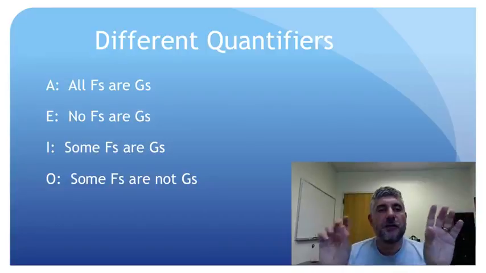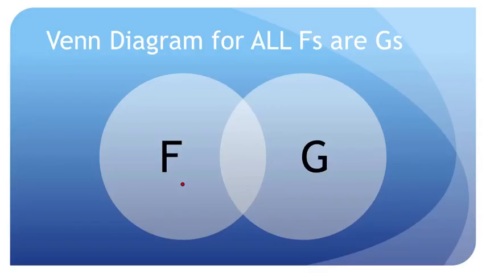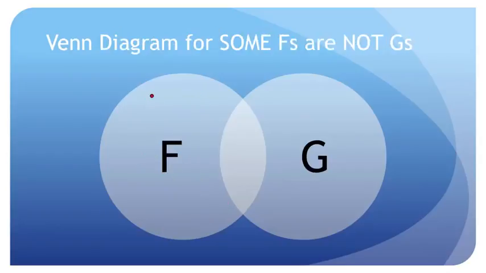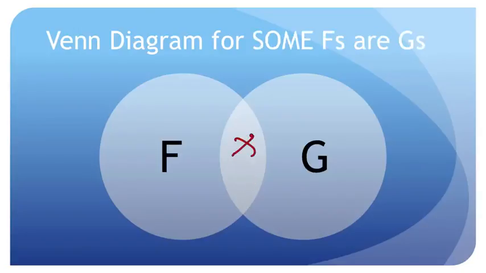Consider again the Venn diagram for propositions of the A form. Propositions of the A form, the Venn diagram is going to have shading in here, but in propositions of the O form, the Venn diagram is going to have an X in here, in precisely the place where propositions of the A form had shading. Propositions of the E form are going to have shading in here, whereas propositions of the I form are going to have an X in here.